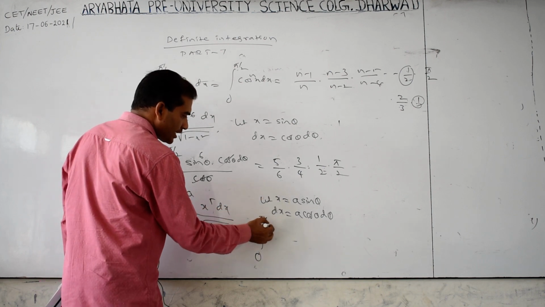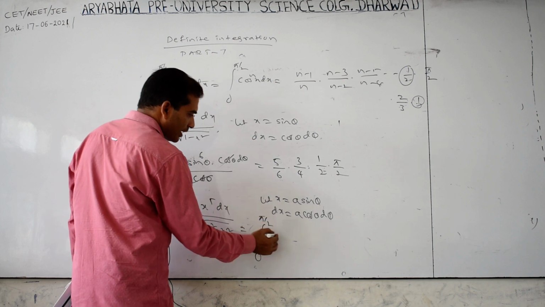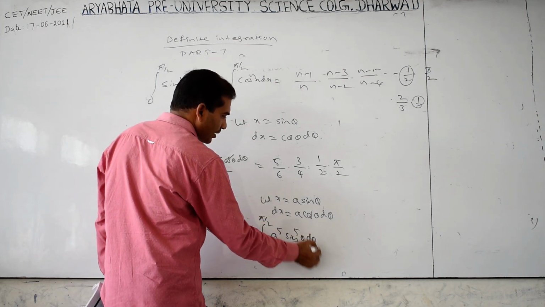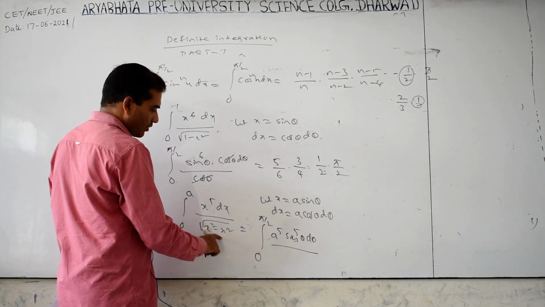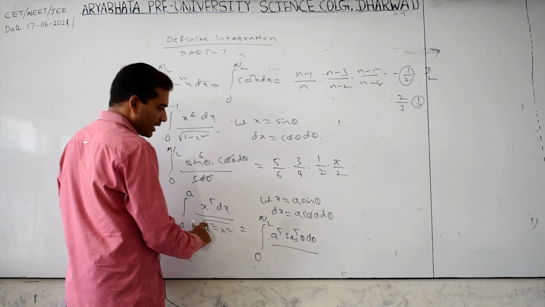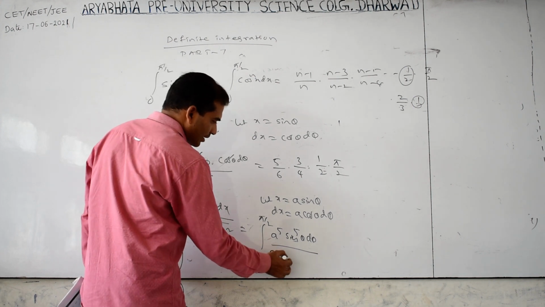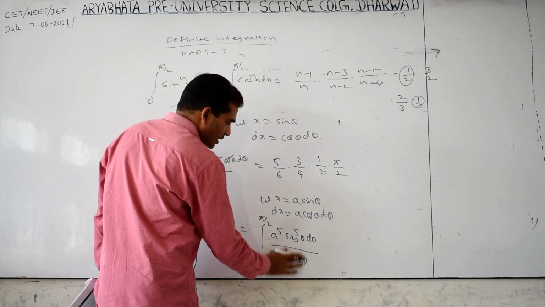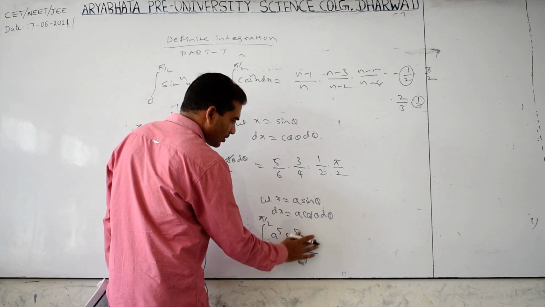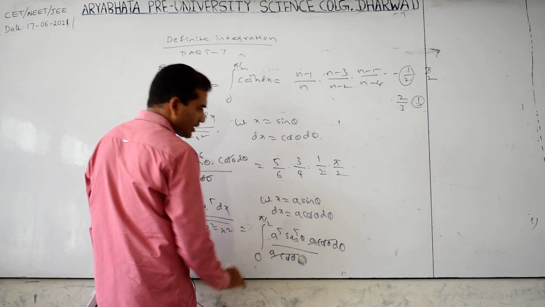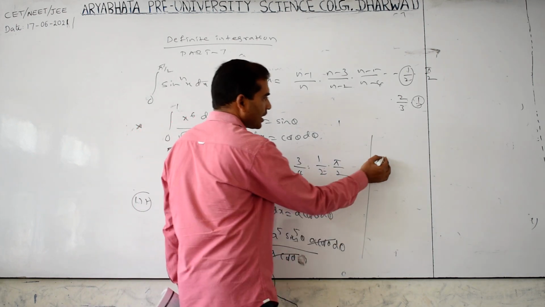If you substitute here, theta is pi by 2, x power 5 is a power 5 sin power 5 theta d theta. Root of a square cos square theta gets cancelled with cos theta d theta. This is dx is equal to a cos theta d theta. Finish. This gets cancelled. a power 5 is the constant.